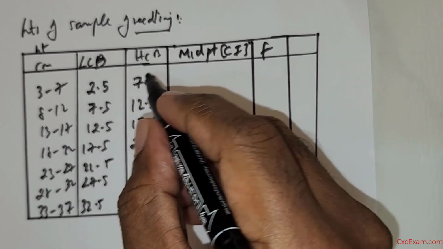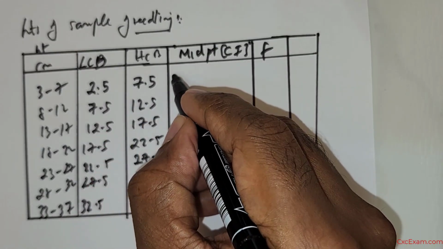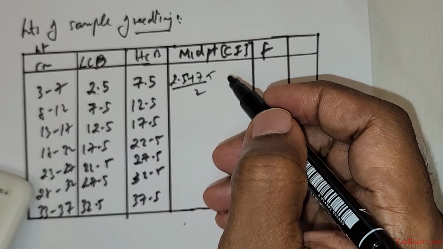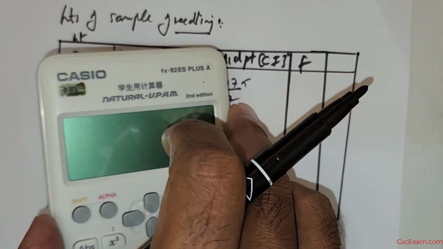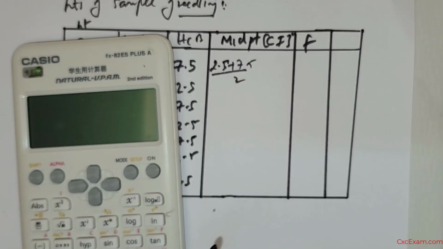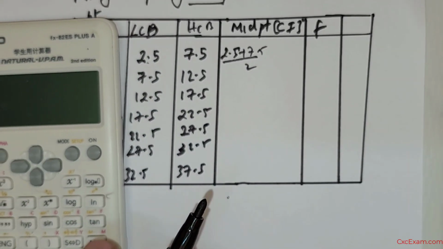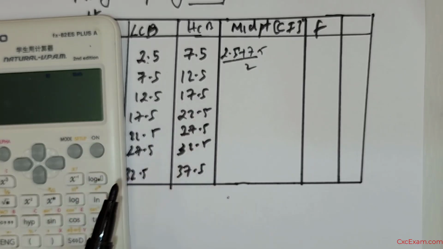Next is midpoint. So you will have to add 2.5 with 7.5 and divide by 2. I will be utilizing the calculator. So 2.5 plus 7.5 divided by 2, that is 5.